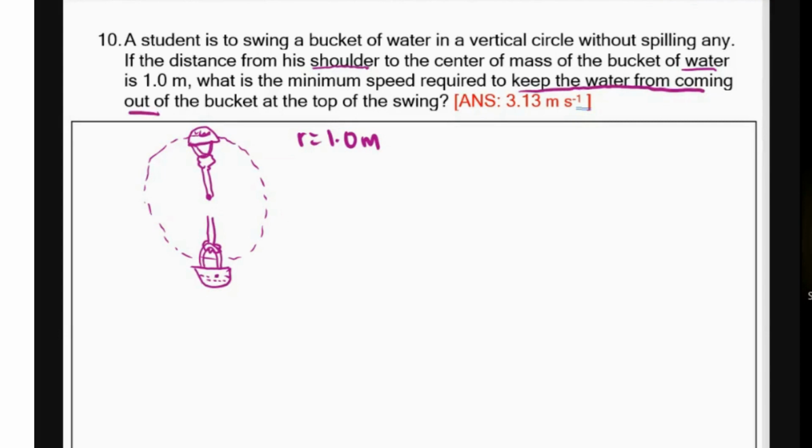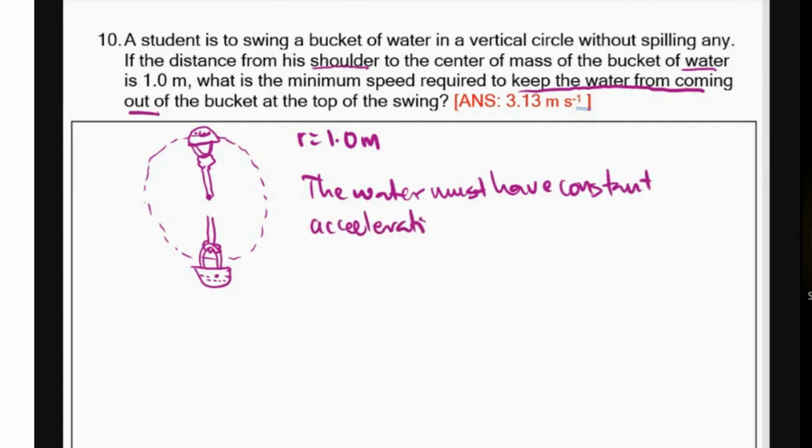So the concept here is that to keep the water from coming out at the top of the swing, the water must have a centripetal acceleration equal to g, which is 9.81 meters per second squared.